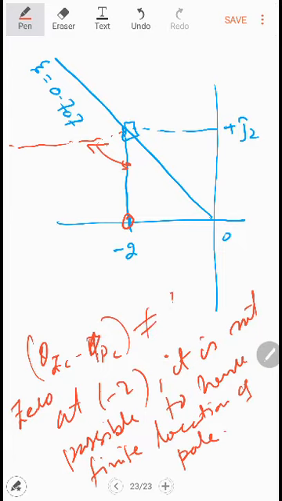So it is difficult to satisfy this one. So this means that it will be some other location.